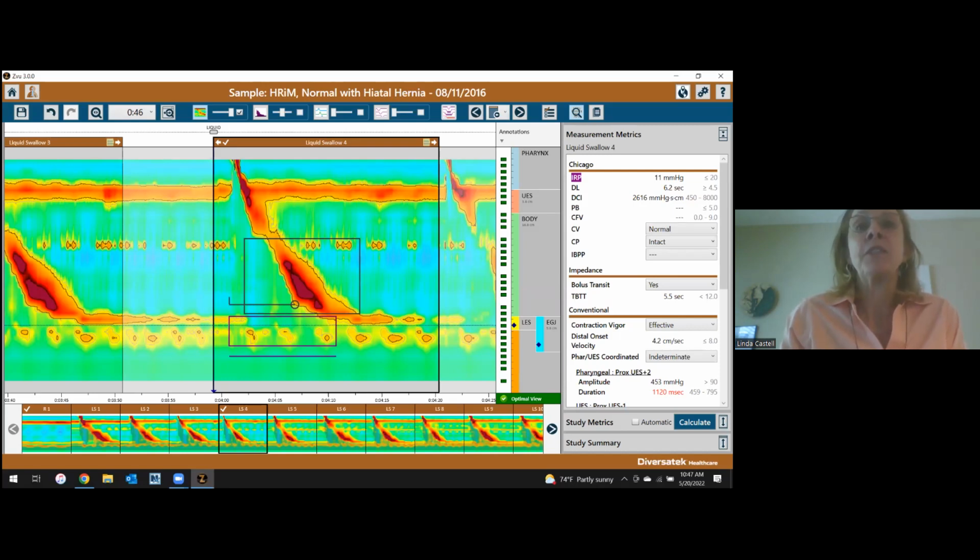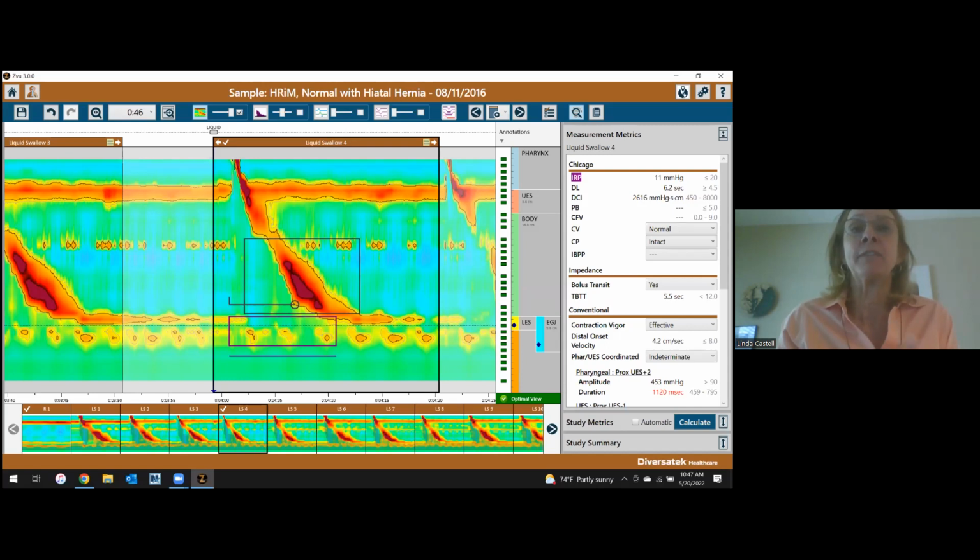But there are other things that will give you a high IRP, and that is a hiatal hernia. You can get a little artifact from the catheter. If patients are on opioids, that can cause a poorly relaxing LES. Obviously, they could have EGJ outflow obstruction.